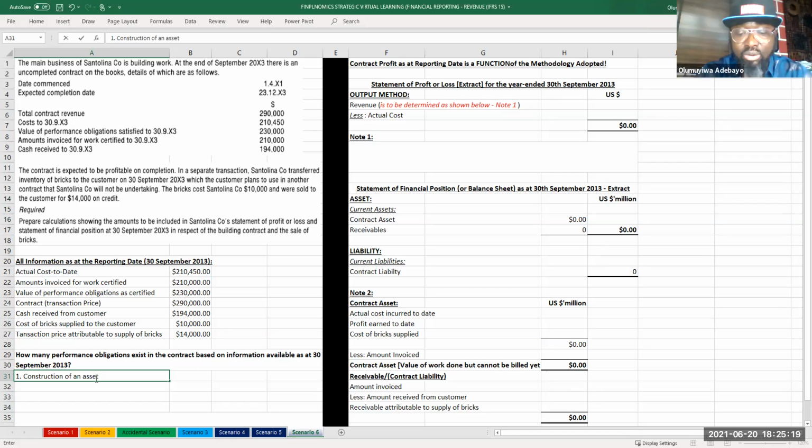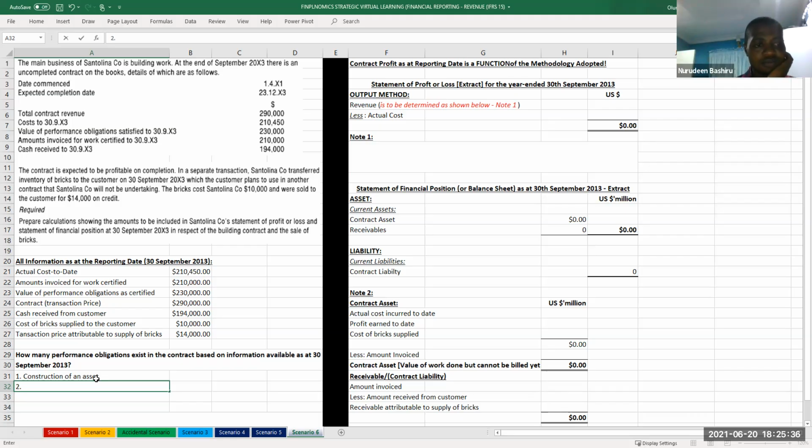Okay. Now, as at end of the year, revelation came in that we have another performance obligation that may have been agreed with the customer. And what is that? Supply of bricks.